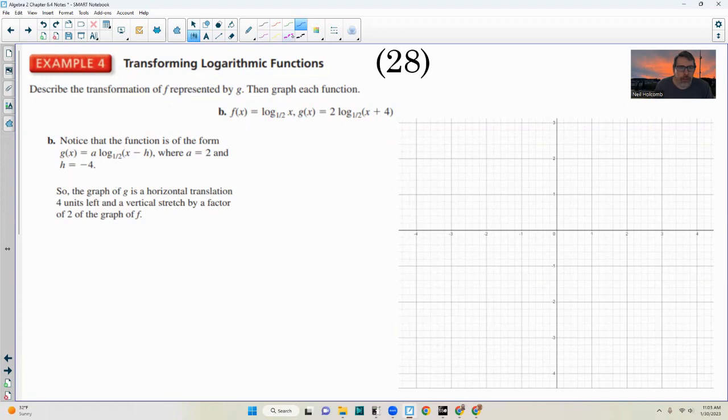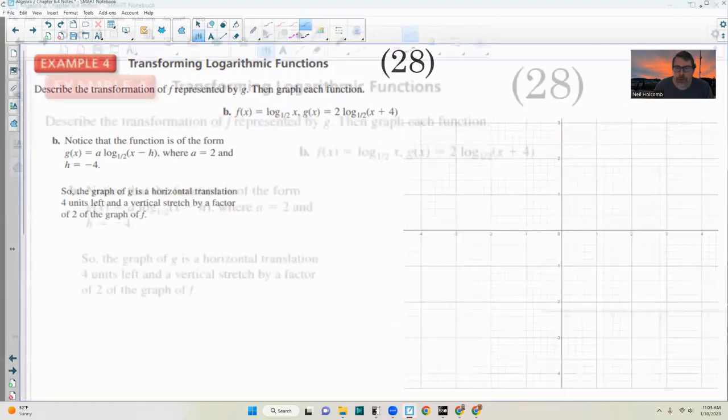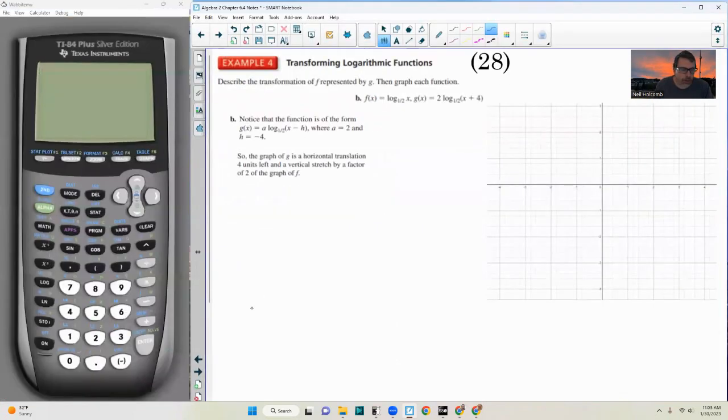So let's take a look. So let's graph this. So I'm going to zip this down like so, and I'll plot points on this. So turn the calculator on, clear the last problem. I'm going to do log base 1/2 of X. So I'm going to put log. And in plugging these into the calculator, there's a trick to this.